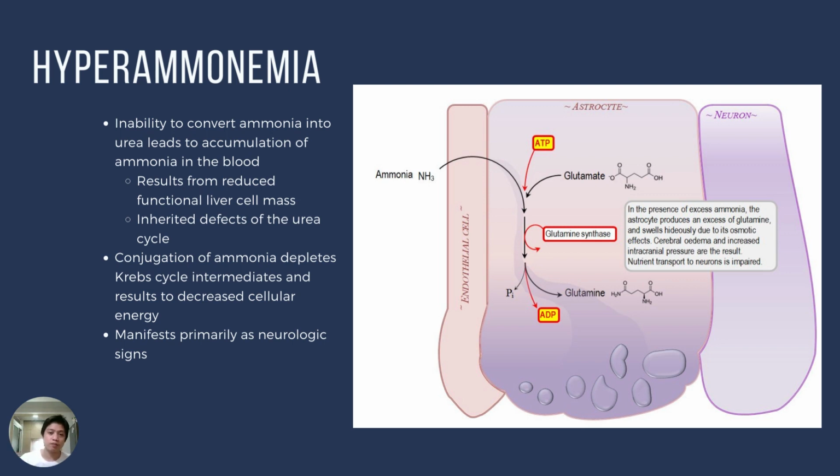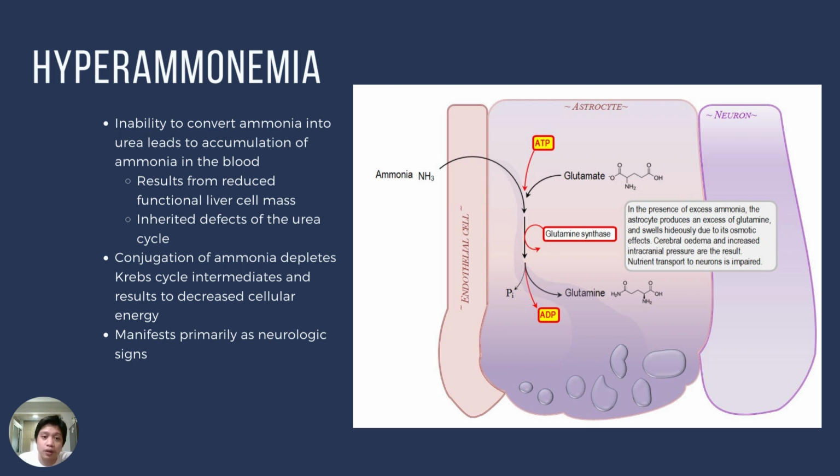High levels of ammonia will then be taken up away from the blood into the mitochondrion and added into the participants or the intermediates of the Krebs cycle, more importantly, alpha-ketoglutarate. So, if we will turn our attention to the image here on the right, we will see the interaction between the neuron, the glial cell, which is the astrocyte, and the capillary cell or endothelial cell.